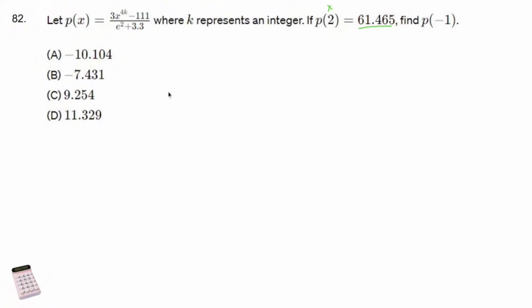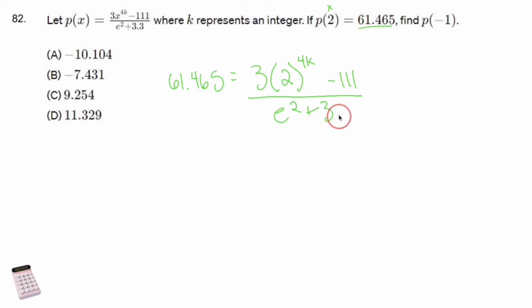So I'm going to rewrite this equation and say instead of P of x, 61.465 equals 3, and I'm going to put parentheses here, 2 to the 4k, minus 111, all over e squared plus 3.3. Now my job is to get k all by itself. I'm going to multiply both sides by whatever e squared plus 3.3 is.